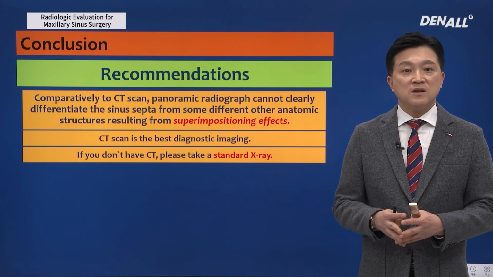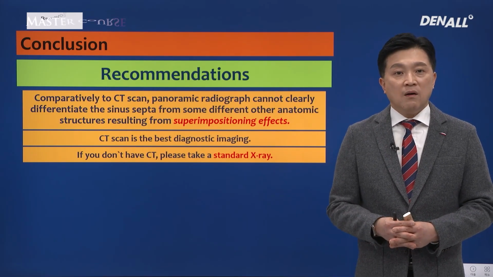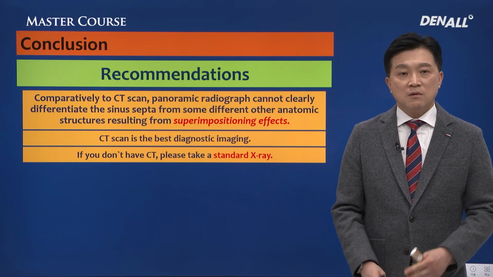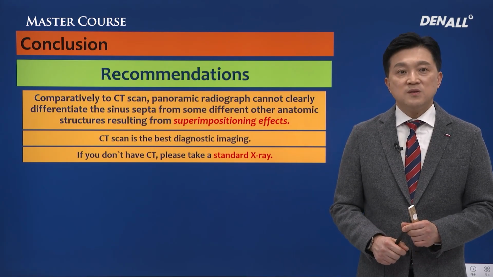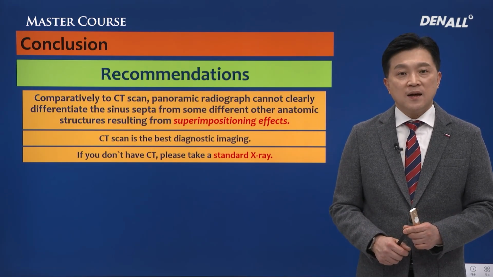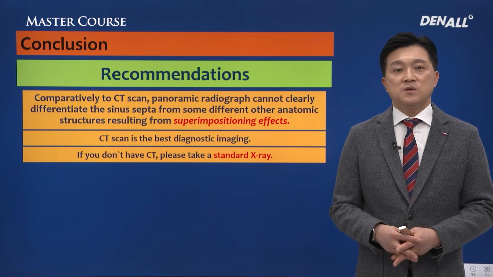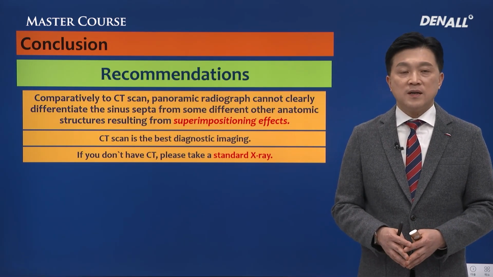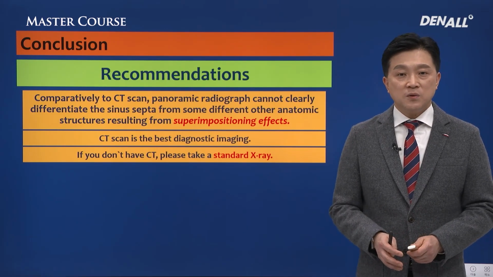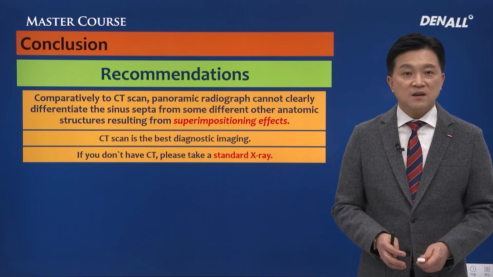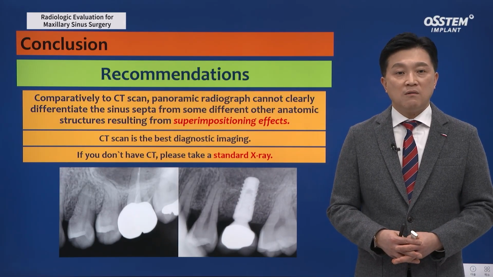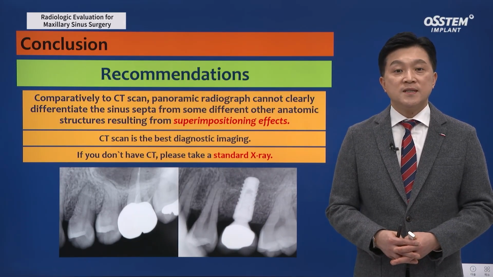Compared with CT, it's difficult to determine where the septa is and how big and where it is exactly. In doing sinus surgery, CT is an imperative tool. If you don't have CT, take panoramic image, and if you have doubts, you can additionally take periapical images. This would help you reduce error in diagnosis. That is my recommendation.